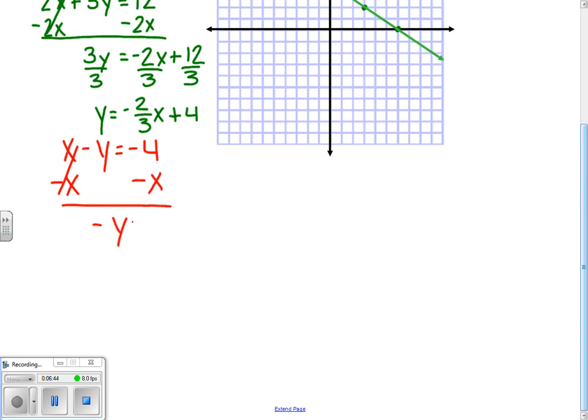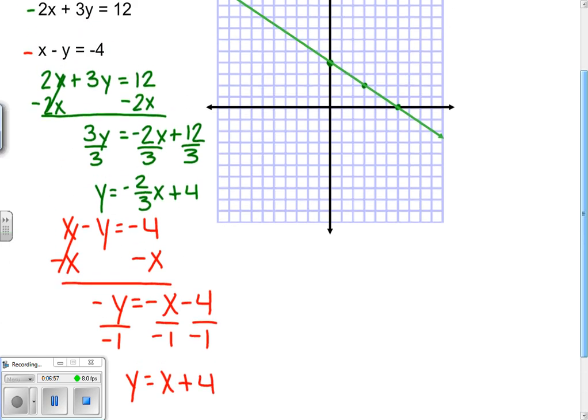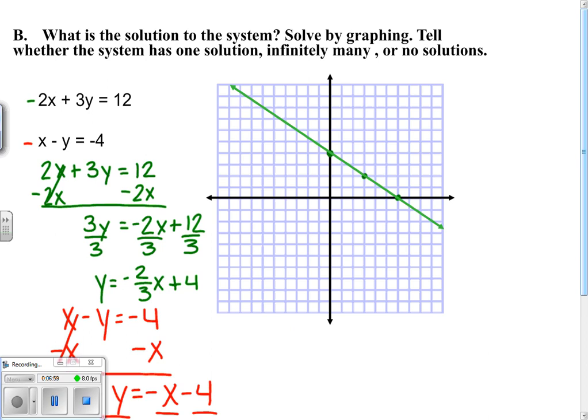Gives me negative y equals negative x minus 4. And dividing everything by negative 1 gives me y equals positive x plus 4. That's a graph that crosses at positive 4 and goes up 1 and to the right 1. Take a second and use a straight edge to get that line on.